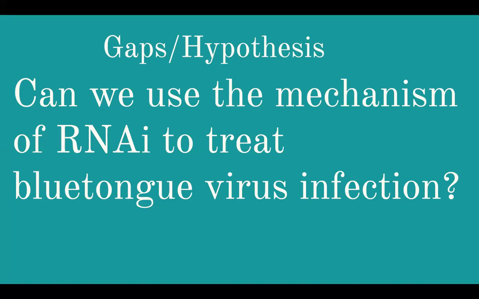And if we take away the counter defense, which is the 2B or B2 proteins, which are also viral suppressors, then the host can win. So the gap or hypothesis would be to use the RNA interference mechanism to treat or prevent bluetongue virus infection.